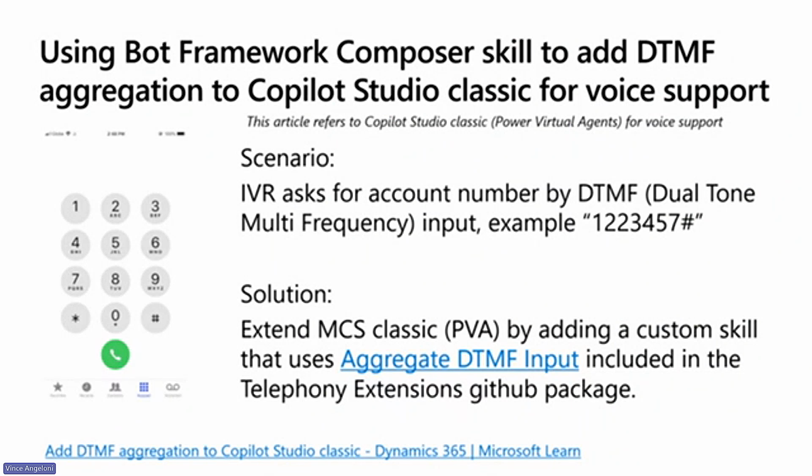The proposed solution, if you need to read the whole account number, is to add a custom skill that implements aggregate DTMF capability by using Azure Bot Framework Composer and the telephony extension package that you can find on GitHub.